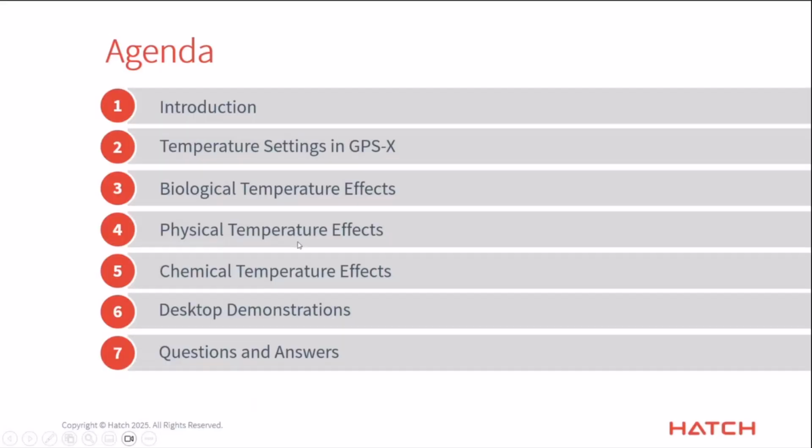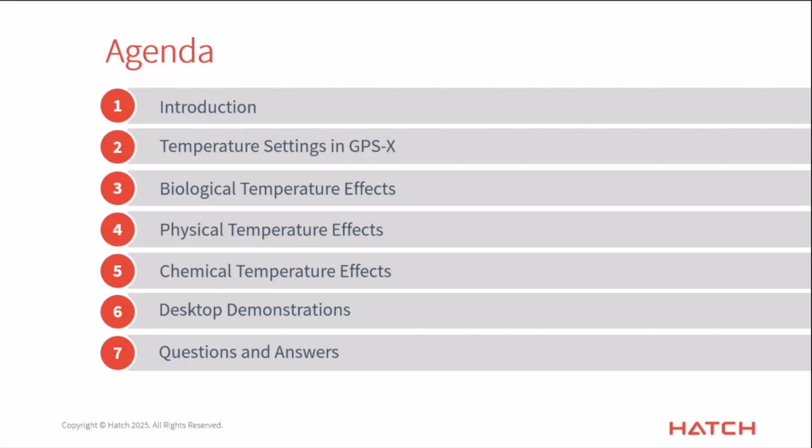All right. So my plan for today is to talk first of all about the actual temperature settings that are available in GPSX. As you'll see shortly, there's a couple of different ways you can go about controlling the temperature, so I thought I would cover what your options are and how to set that up.